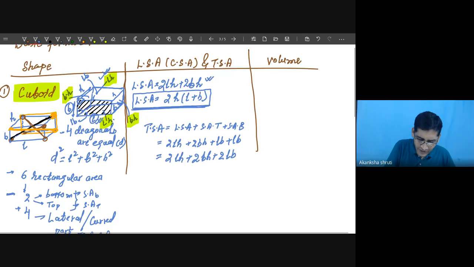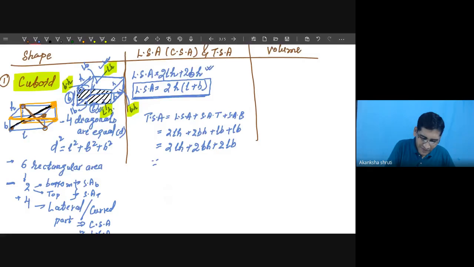Or, student, you can keep in mind how to remember this. 2 is always there. Now we have L, B and H. These are the 3 dimensions available. We have to choose the possible pairs with these 3. I can choose LB and LH.